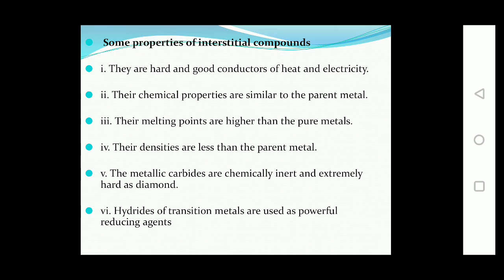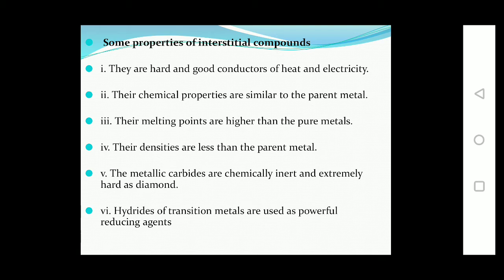Their melting points become higher than that of pure metals, but their densities are less than that of the parent metal. Their hardness increases, hence their melting point increases. Metallic carbides, that means a compound with carbon of any metal, are called metallic carbides. In metallic carbides, the property of the metal improves to the extent that it becomes harder like diamond and becomes chemically inert.